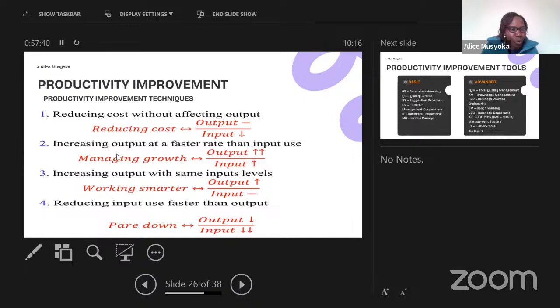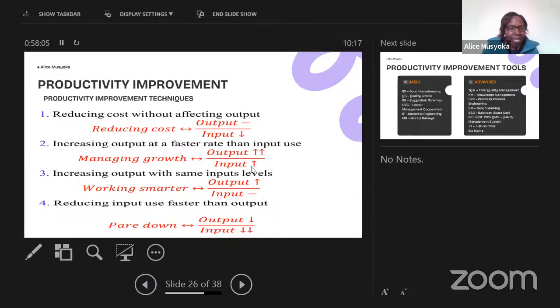Then number 2, we can increase output at a faster rate than input, where we are looking at outputs going up at a faster rate than the inputs. Increasing outputs at a faster rate than inputs.